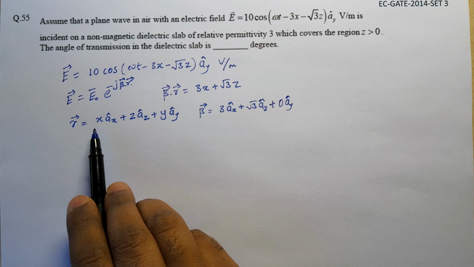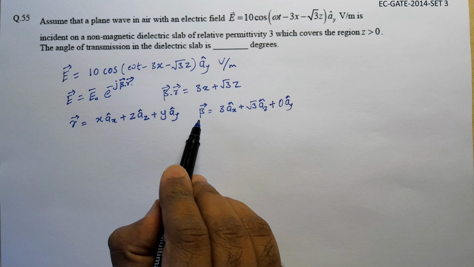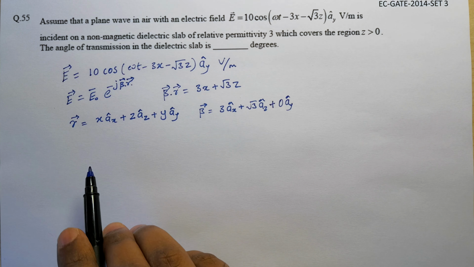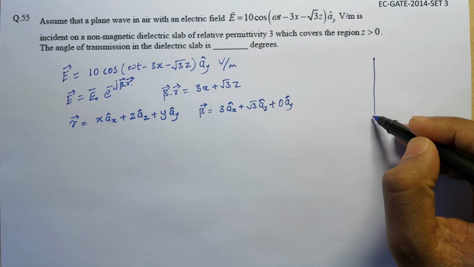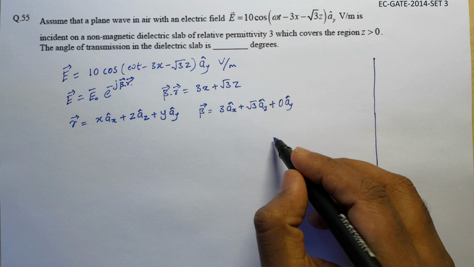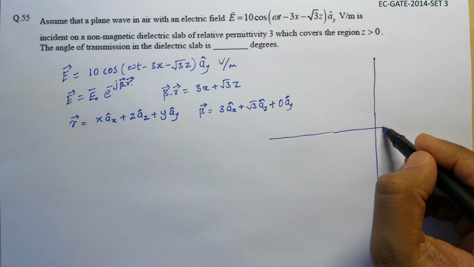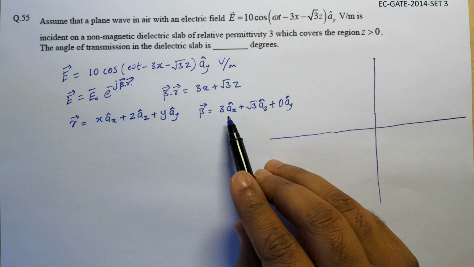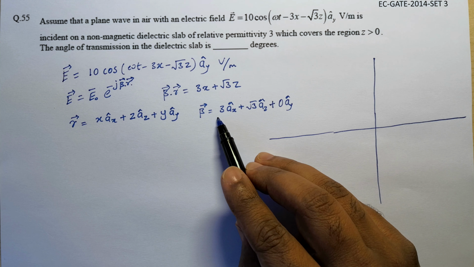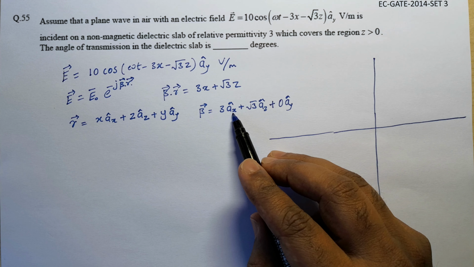Now, looking at these vectors beta and r, let us just draw this schematic. What we have is the axis, and the beta is traveling in the plane x and z.